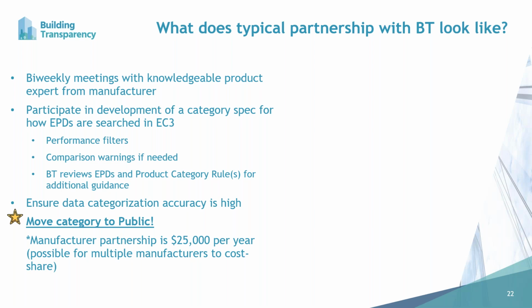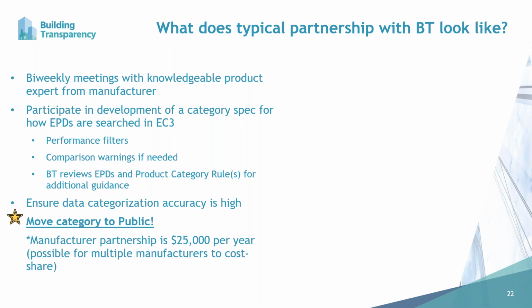And so after working with folks and having these meetings, we develop the performance filters, we implement them in the tool, then we're able to move the category to public. That's the main goal there, advancing these categories enough to be public, to be used for free.